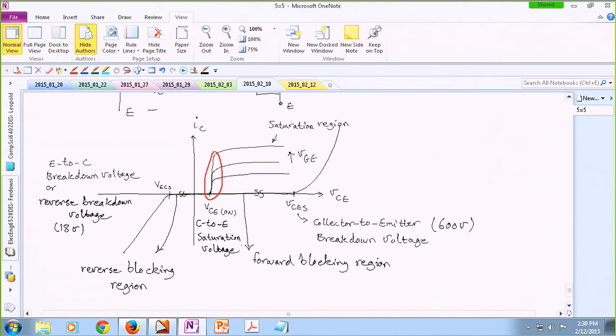This is like VF, the forward voltage of the diode. Ideally, we want it to be 0, but practically it is not 0. It's very small, like about 1 volt, 2 volts, depending on what kind of IGBT you are using. And this region is called the linear region.